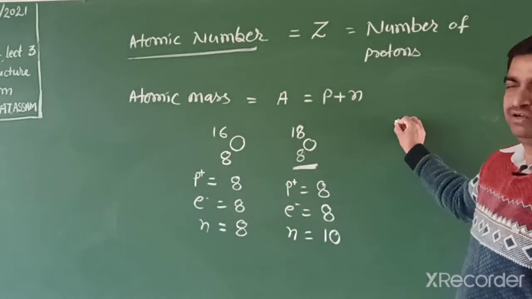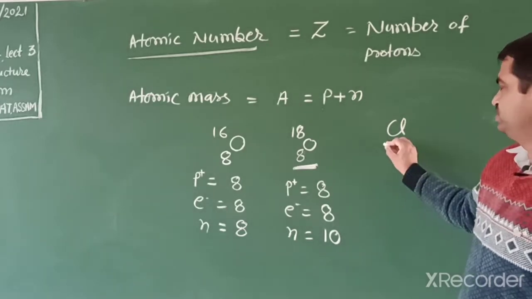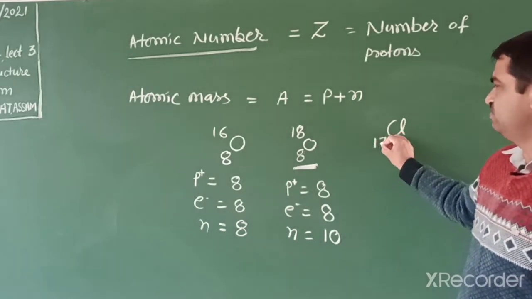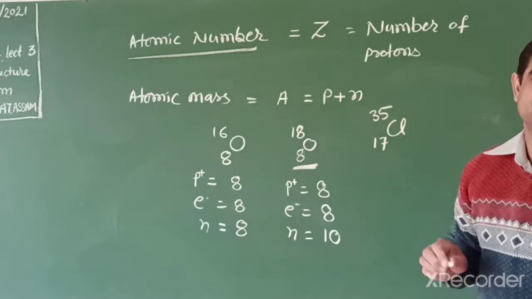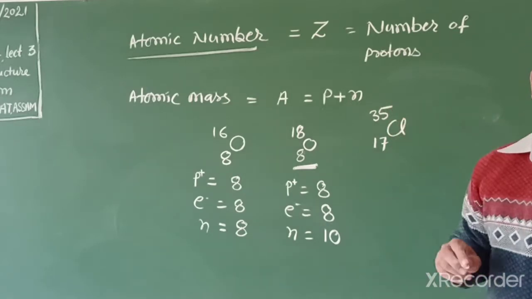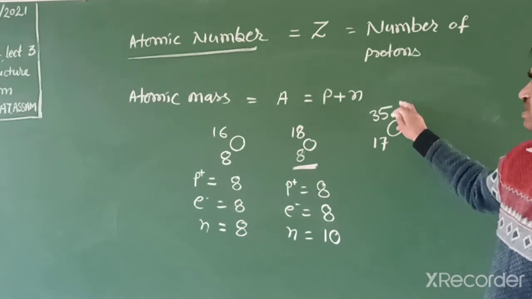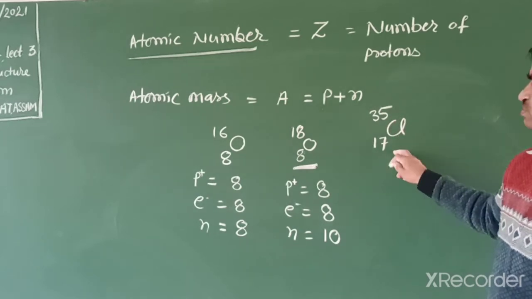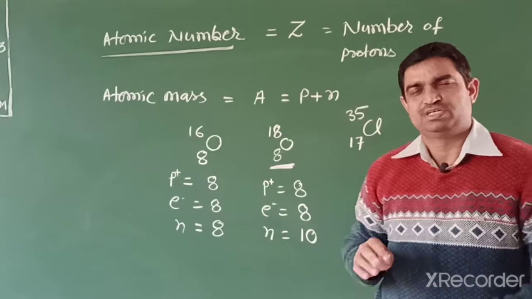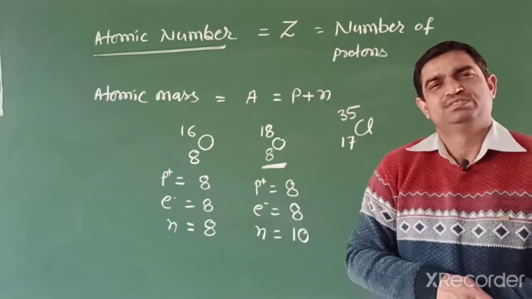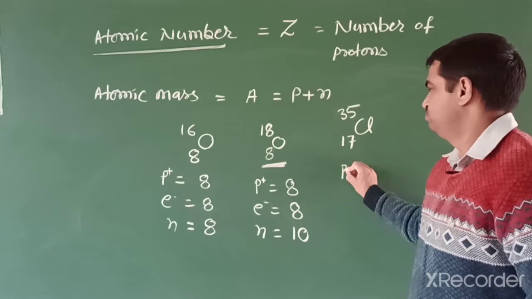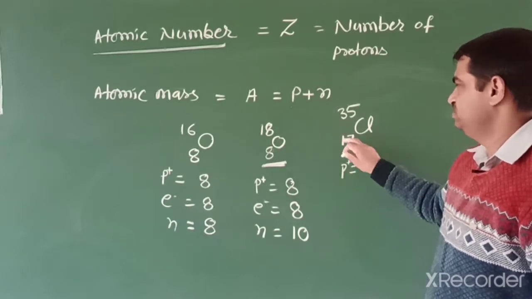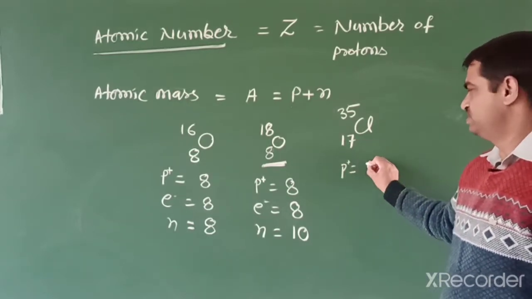For example, chlorine is represented with atomic number 17 and mass number 35. Identify how many electrons, protons and neutrons. Such types of questions come in exams. Then you can easily identify the number of protons: 17.